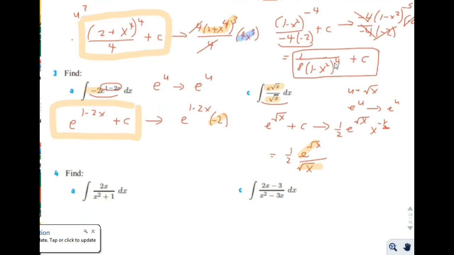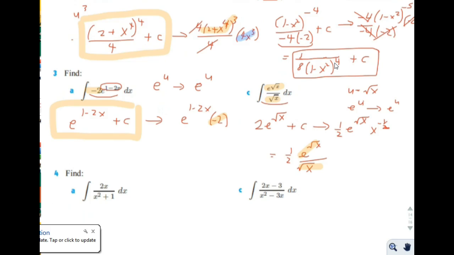How do we get rid of the half? What if we multiplied the initial function by 2? Then when the half comes out of the... now why did the half come out again?